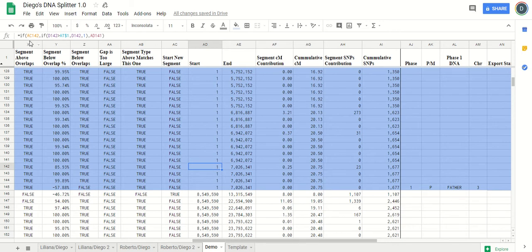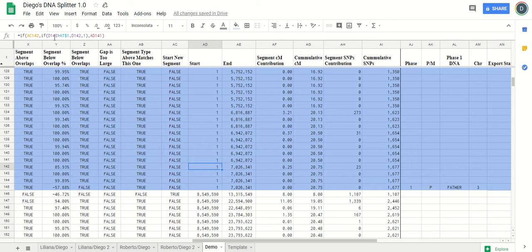This formula is saying if we are starting a new segment, then we're going to look at the beginning of this segment, and if it's greater than 3.7 million, then we're going to use it as the cumulative starting of the segment.